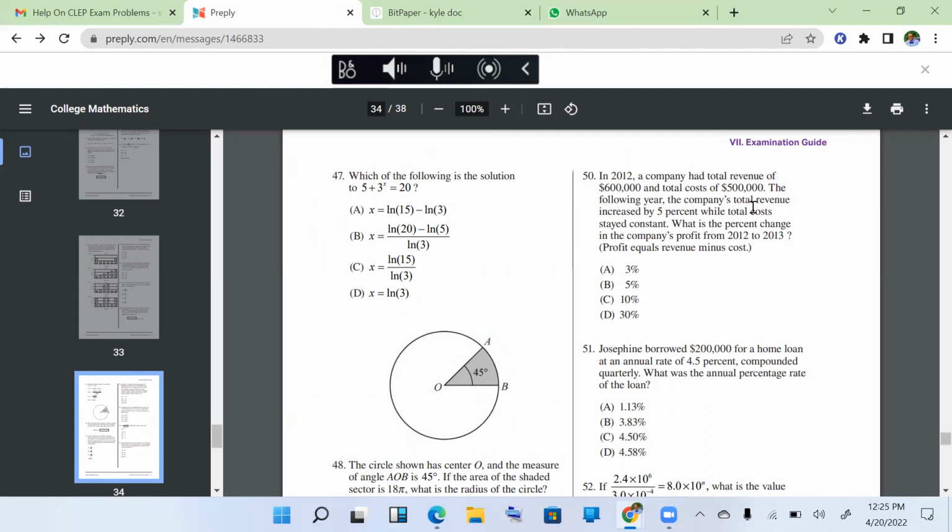And then the following year, the company's revenue increased by 5%, while the total costs stayed constant. What was the percentage change in the profit from 2012 to 2013? So the first question we should ask ourselves, what was the profit in 2012?